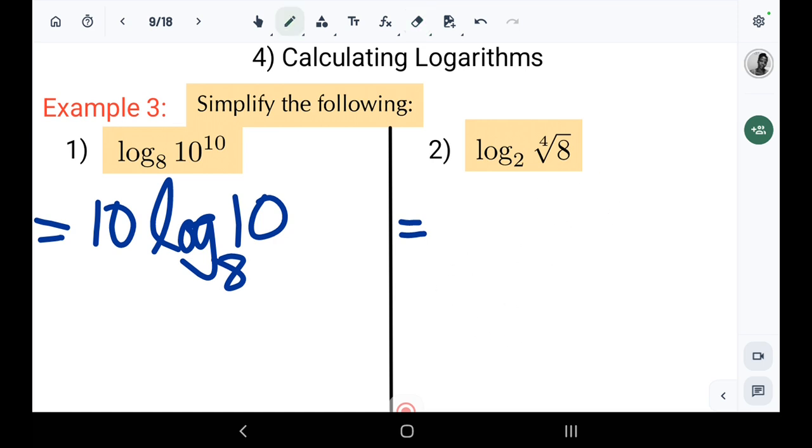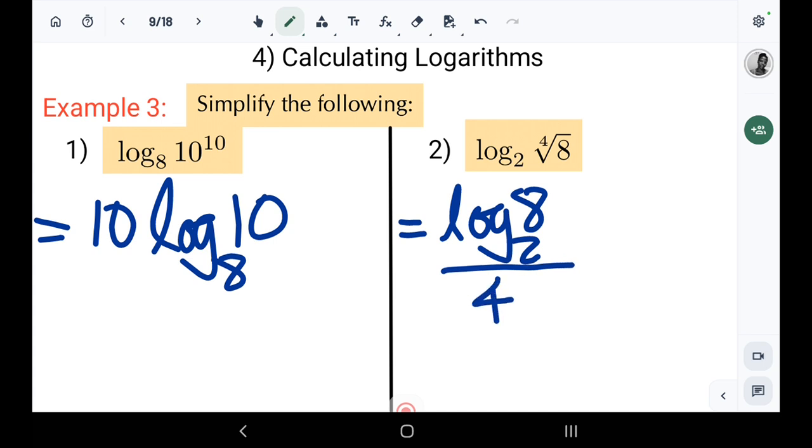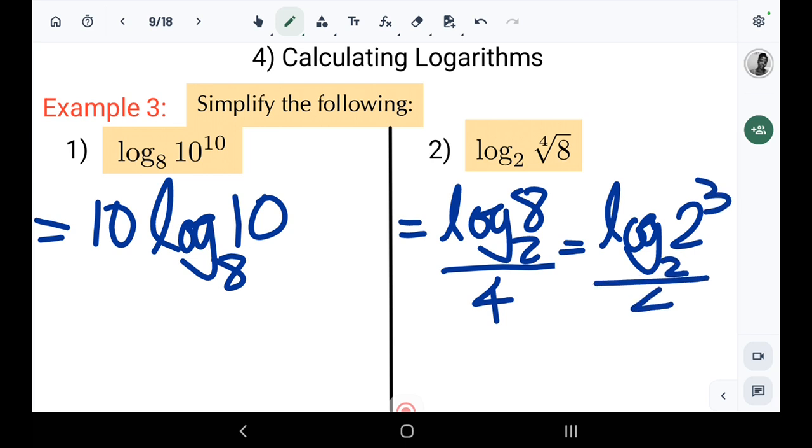That is equal to the log of 8 to the base 2 all over 4, which can be calculated as the log of 2 to the power of 3 to the base 2 over 4.